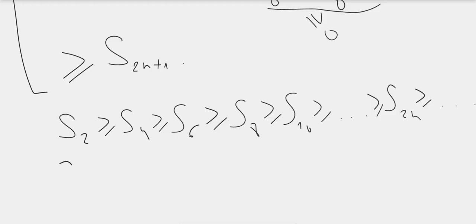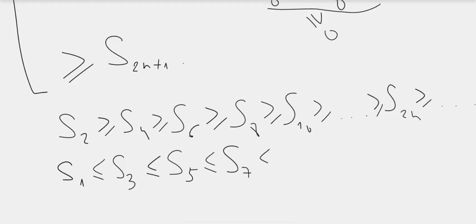We have S1 is less or equal than S3, less or equal than S5, less or equal than S7, and so on, less or equal than S2n plus 1, and so on.